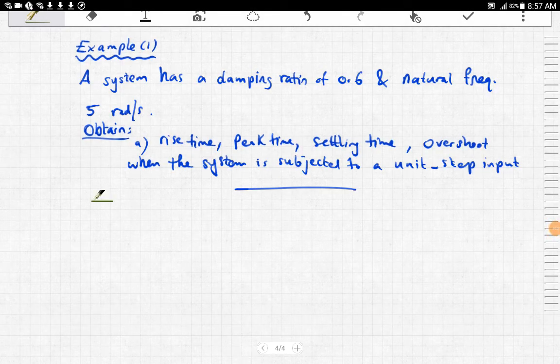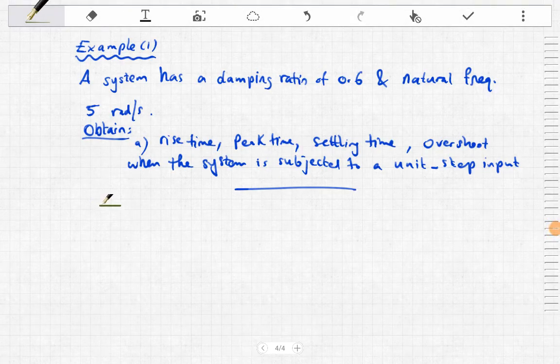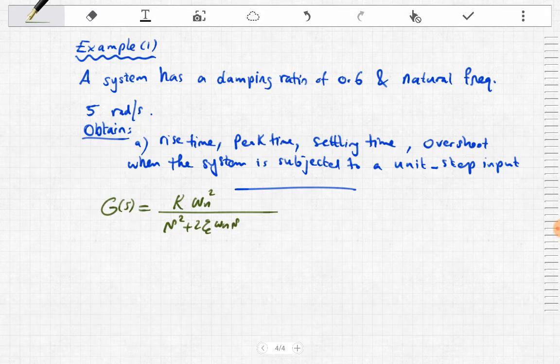So I will remind you of the equation G(s), the transfer function of a second-order system: K omega n squared over s squared plus 2 eta omega n s plus omega n squared. So you can write the equation, right? Your omega n is equal to what?